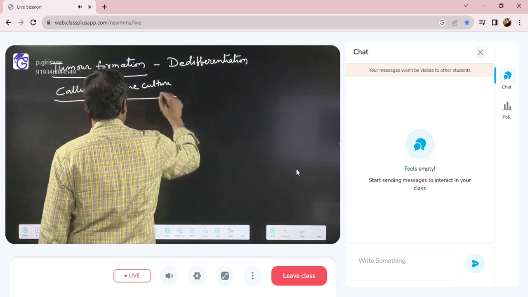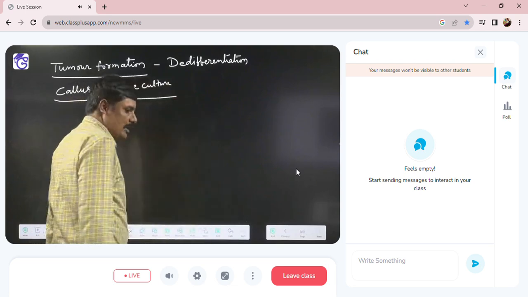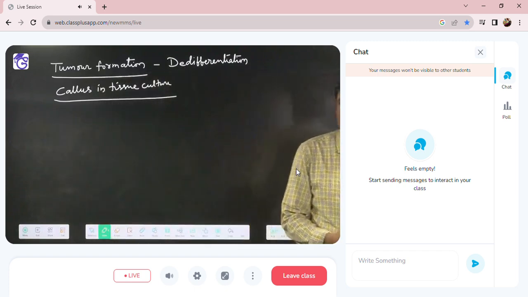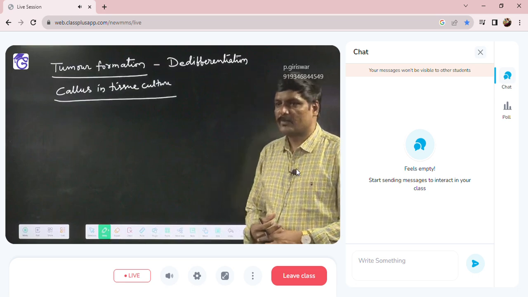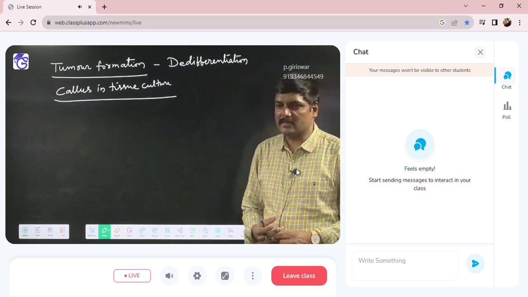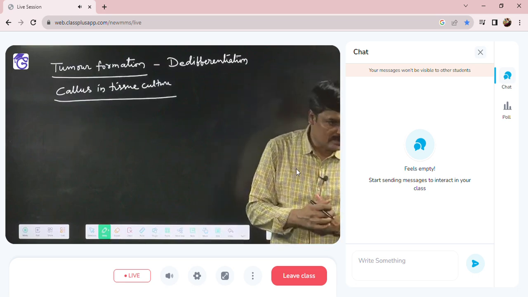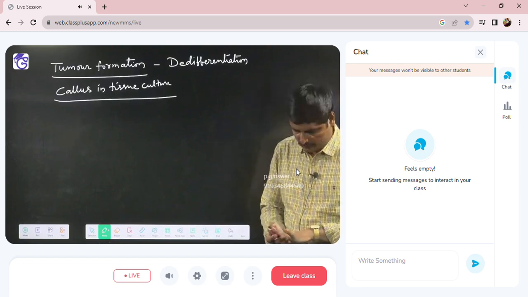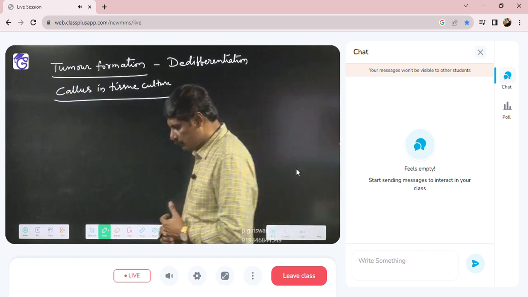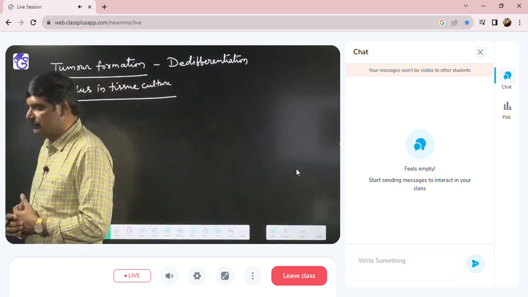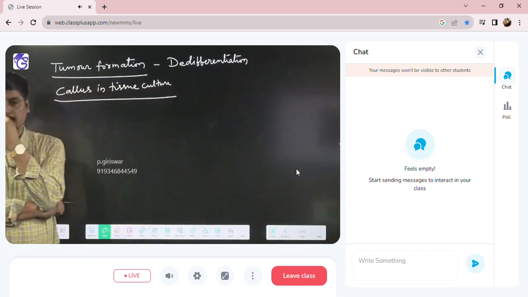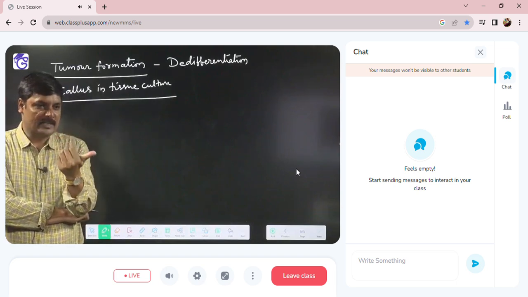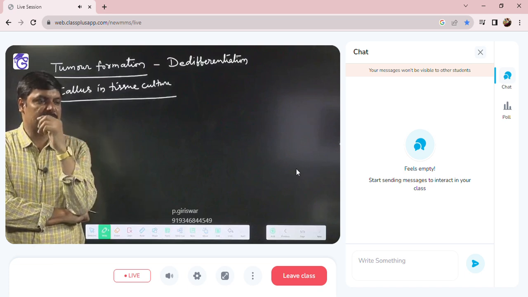Formation of callus in tissue culture is an example for de-differentiation.